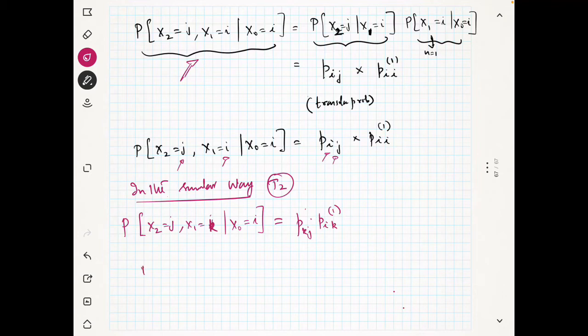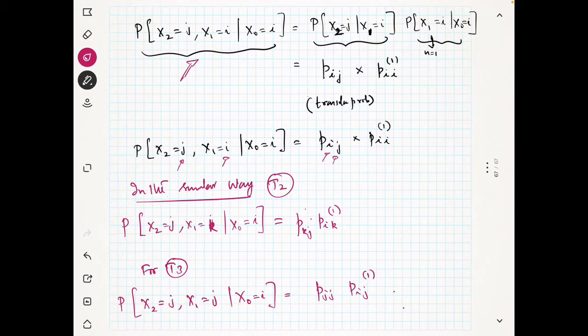Similarly, for term 3, I will rewrite it again: P of x2 equal to j, x1 equal to j, given x0 equal to i, which is equal to pjj into pij of 1.